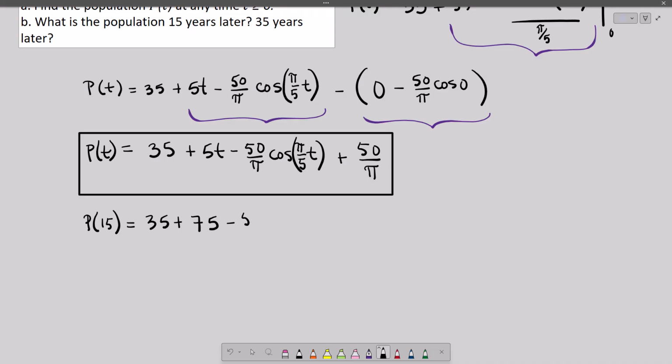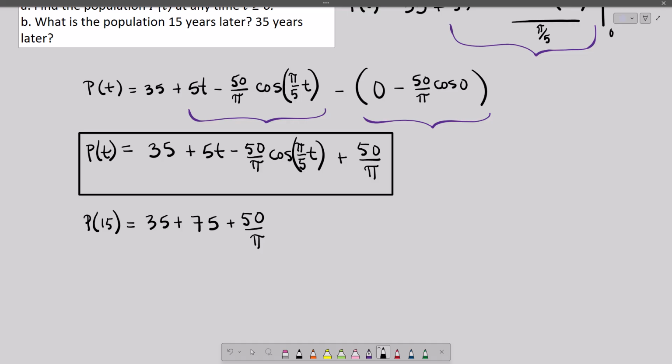What is cosine of pi? So if we plug in 15 here, we have 15 divided by 5, which is 3. So we have cosine of 3 pi, which is the same thing as cosine of pi. You subtract off 2 pi. So cosine of 3 pi is negative 1.